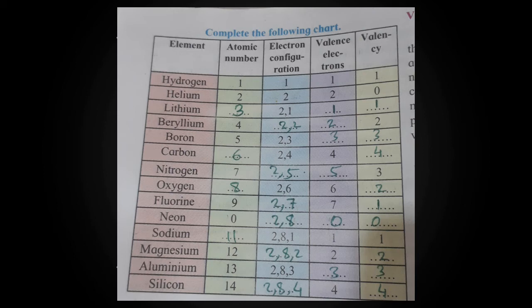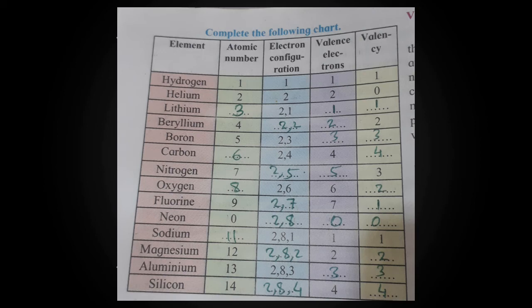Therefore, its valency is 4. Next is nitrogen. The atomic number of nitrogen is 7. That's the reason in the first orbit 2 electrons are present, whereas in the second orbit 5 electrons are present. That's the reason the valence electron is 5 and its valency is 3 because in the last orbit 3 electrons are needed to complete it.